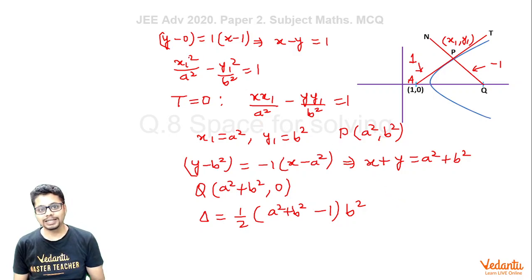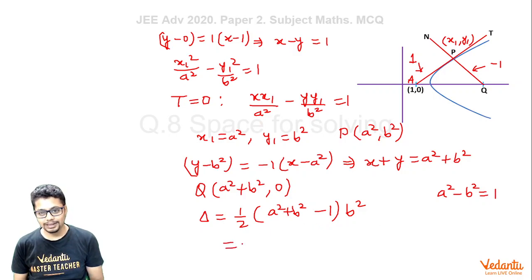Now note that point P, which is (A square, B square), lies on the hyperbola, so it will satisfy the equation, and by putting x1 to be A square and y1 to be B square, you get A square minus B square to be 1. Even if you don't consider this equation, you may consider the equation of the tangent on which point P lies, and hence A square minus B square is equal to 1.